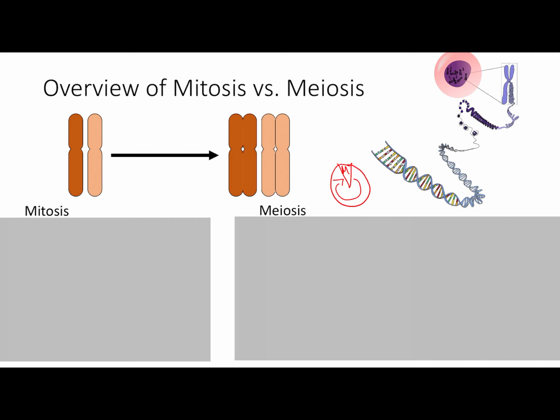But in either case, mitosis or meiosis, you're going to start with a cell that is 2N or diploid, and so you start with homologous chromosomes. I'm going to show you what each pair of homologous chromosomes do, and in the diagrams that I'm showing you, we're going to look at it as if the cell is N equals 1, just one type of chromosome. But of course, you know that for humans, we are N equals 23. So all of the events that you see happening would be happening 23 times, like grander.